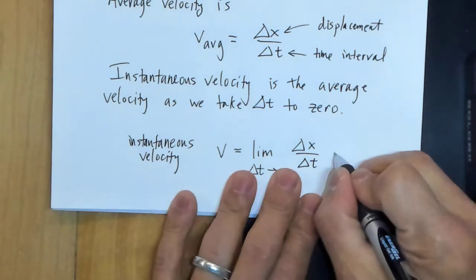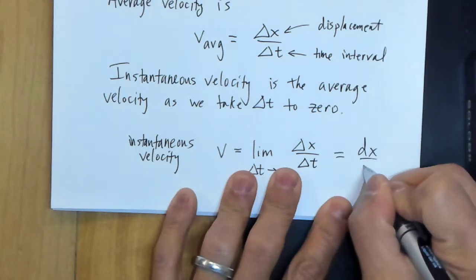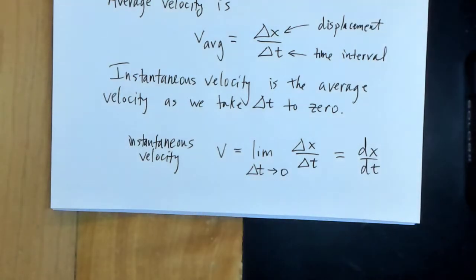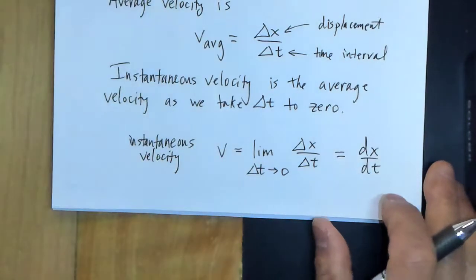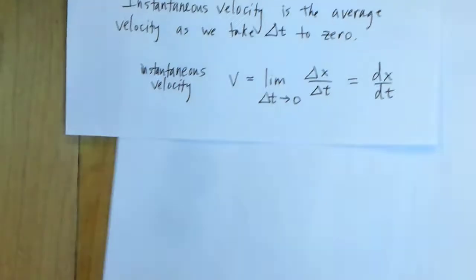And this is what we call dx dt, the time derivative. Right? From calculus. The limit of delta x over delta t, this is what we call dx over dt, which is the time derivative of the position. Let me write that out in words.